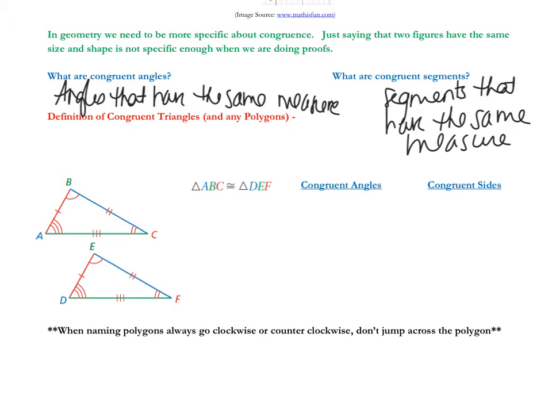Let's say I am talking about the congruent sides, and I say AB is congruent to DE. Notice I went 3 to 1, 3 to 1 for the arcs. I can't say AB is congruent to ED. That doesn't follow the same order. And if we go over here, follow the same order, AB, DE.